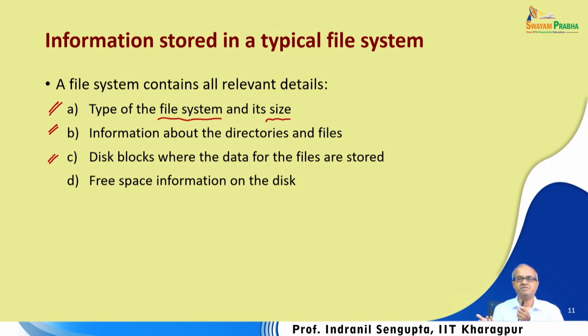The disk blocks where the data are stored, you have to keep information in some way, and of course, lastly the free space information, where in disk the free space is currently available. So, these are some of the things which are essential in a file system, you need to keep track of these.